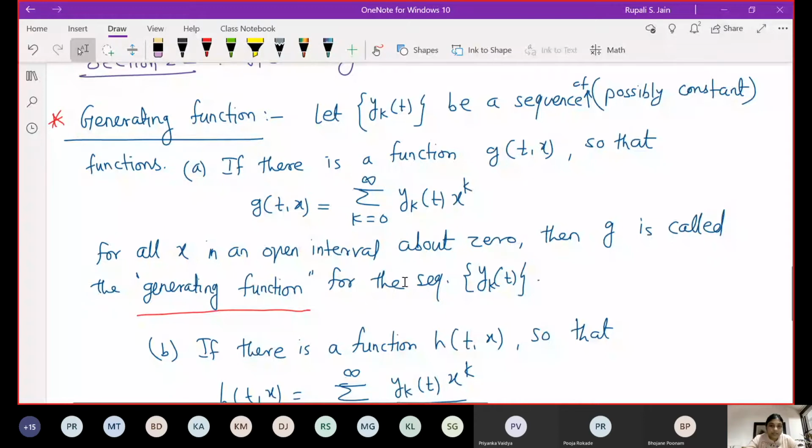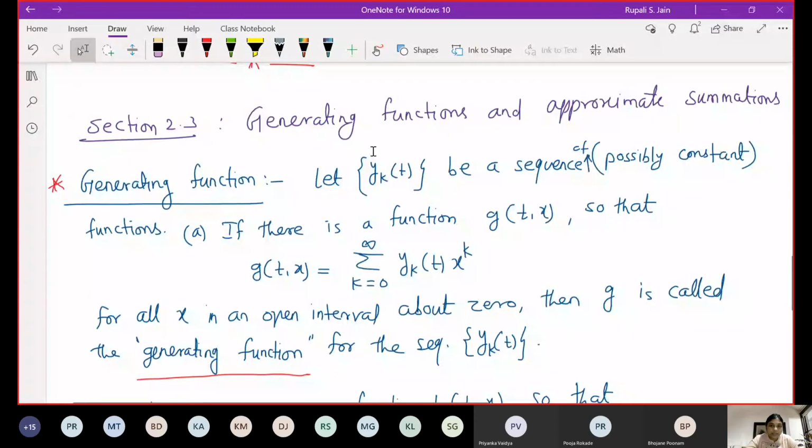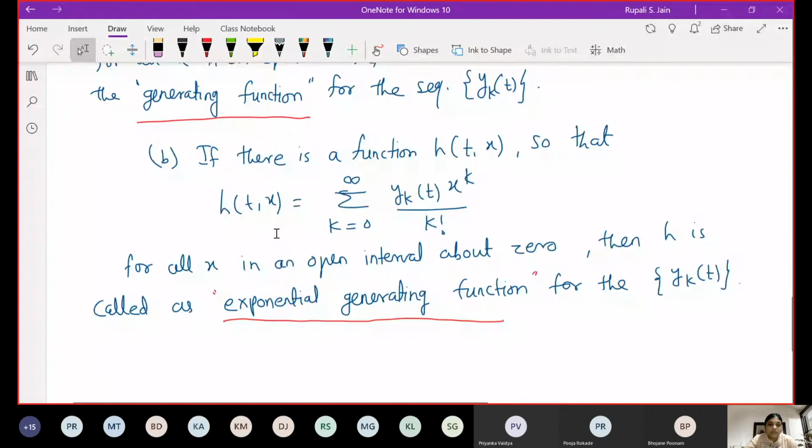So if I have a sequence y_k(t), then g(t, x) equals the summation from k equals 0 to infinity of y_k(t) x raised to k will be its simple generating function, and the exponential generating function will be given by h(t, x), the summation from k equals 0 to infinity of y_k(t) x raised to k upon k factorial.